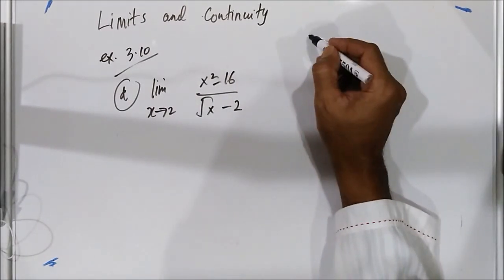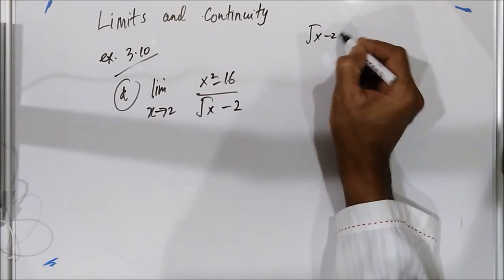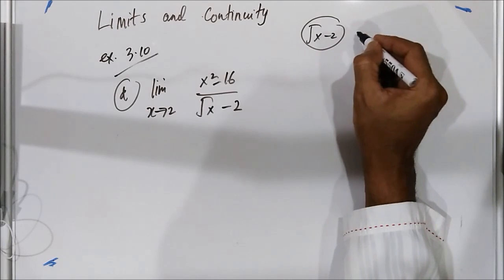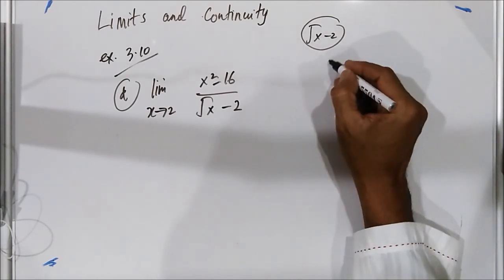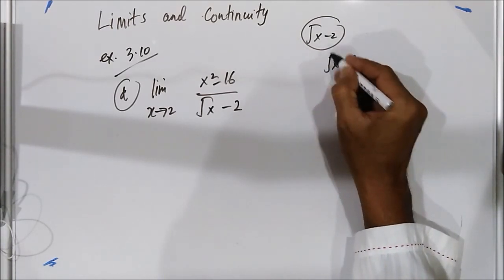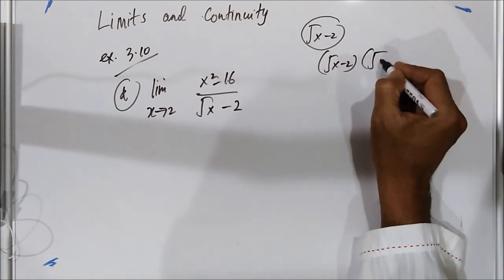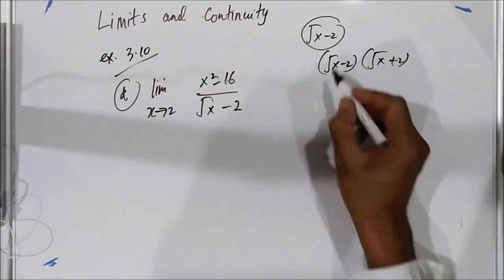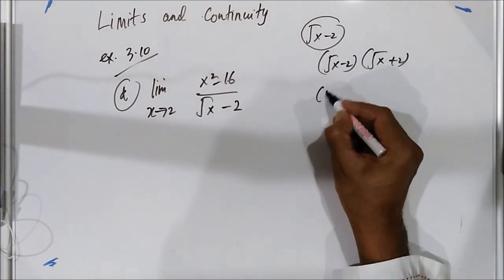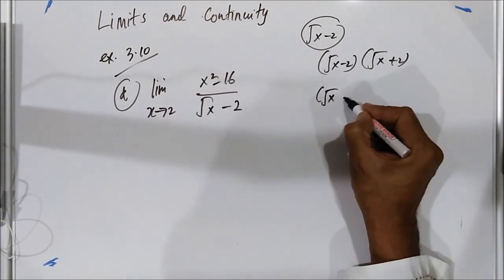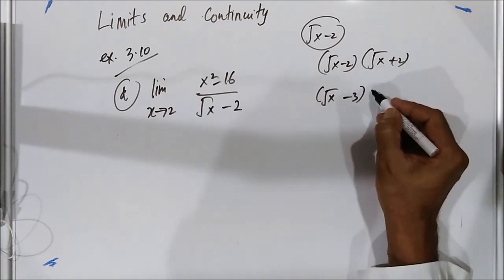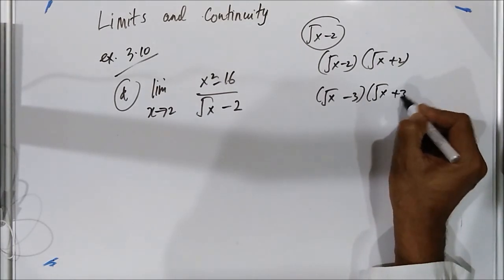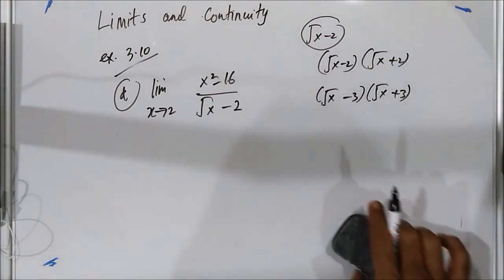If I have a radical like square root of x minus 2, to remove this radical, I just multiply by square root of x plus 2. Then, as another example, if I have square root of x minus 3, to remove this radical, I just multiply by square root of x plus 3. This is how we solve the radical here.